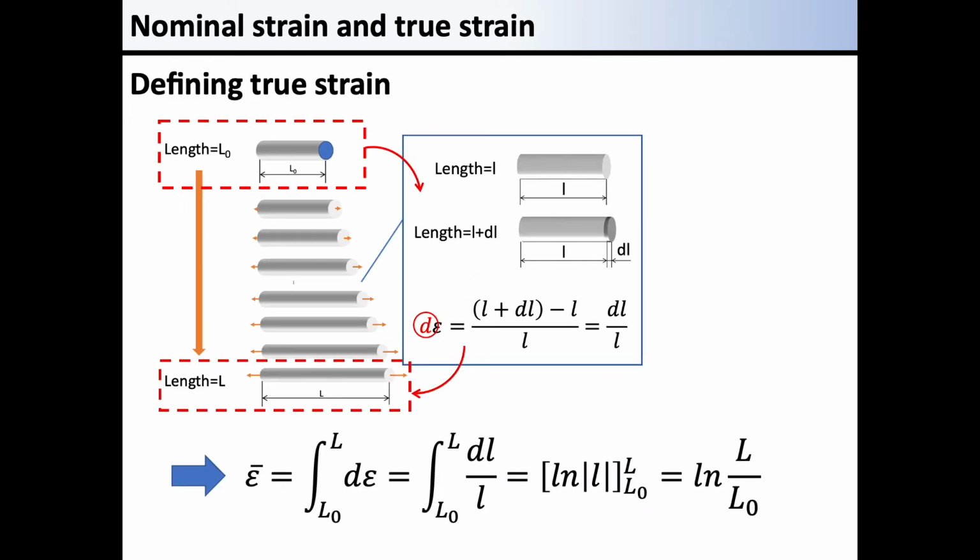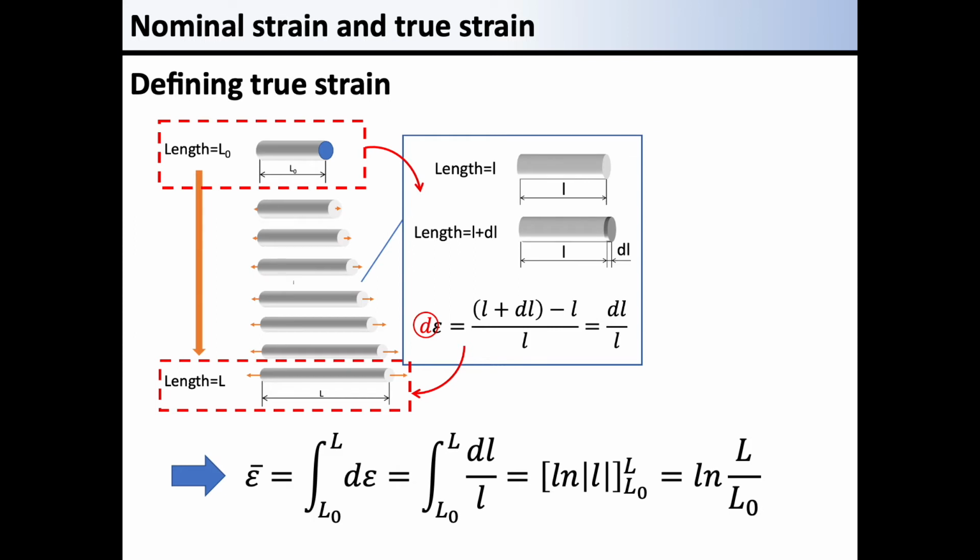We can calculate it by taking the sum of the small amount of strains at each of steps we just defined. When we are dealing with a large strain, we define the strain as the sum of the small amount of strains. The equation defines true strain.